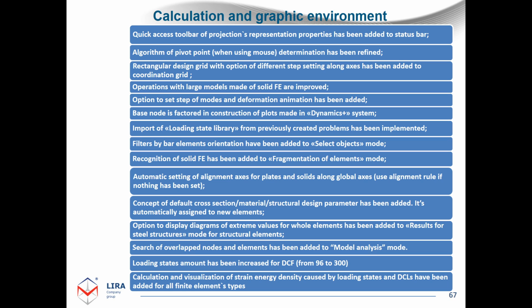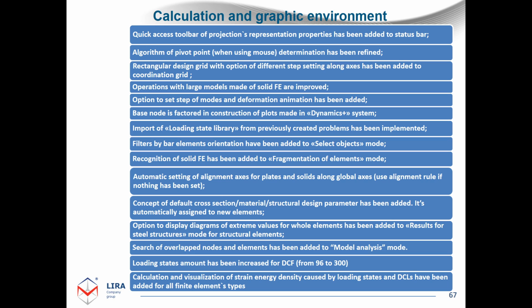For structural elements, there's now implemented the ability to display diagrams of extreme values for the whole element in results for steel structures mode. Previously, the diagram was displayed with all values that were calculated. Now you can leave just the extreme value if needed. In model analysis mode, we've added search of matching nodes and elements.